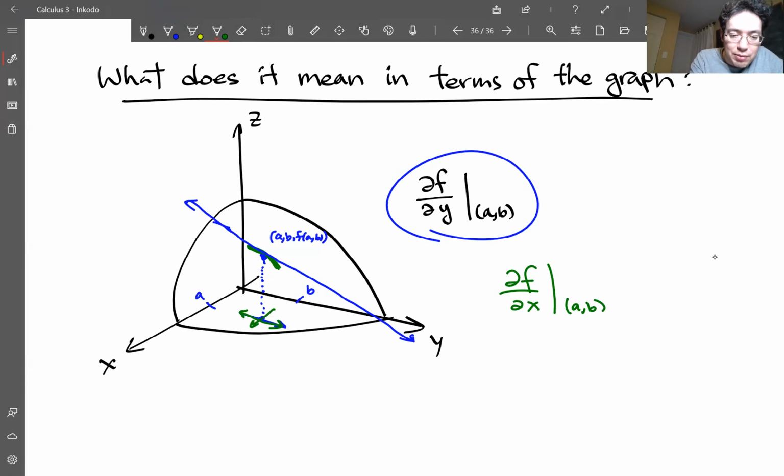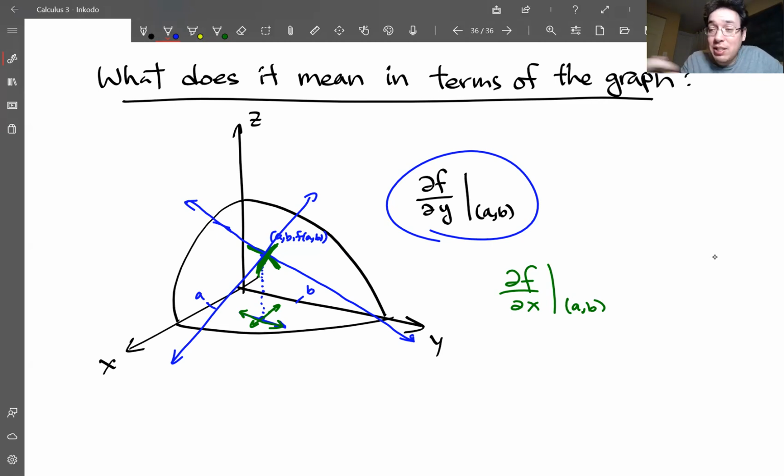So if you fix the y value at B, but move in the x direction back and forth, then you're traveling the surface this way. So the slope of that tangent line is going to be the derivative of f with respect to x evaluated at the point AB.